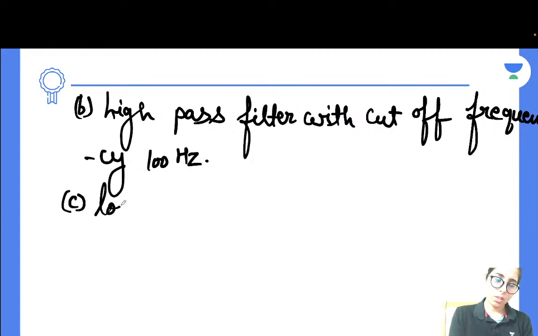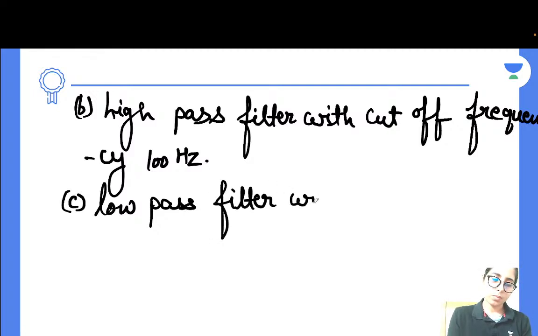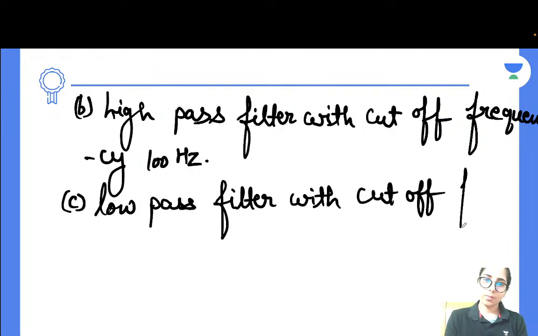Option C is low pass filter with cutoff frequency 16 hertz.